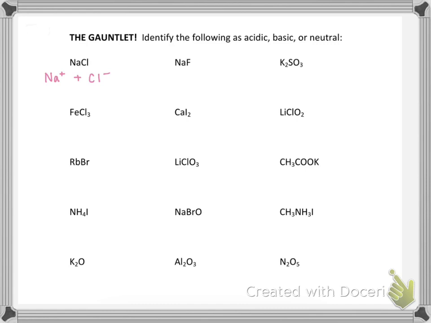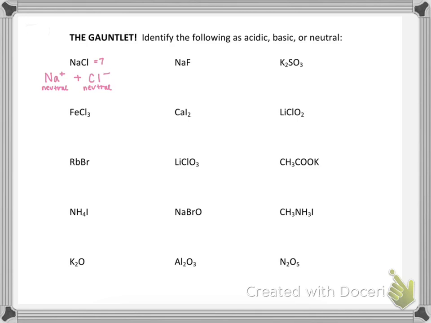So this is going to be neutral. We're a spectator. And chloride is the conjugate, or would come from HCl, which is a strong acid. So this would also be a spectator. So this would be a neutral salt. So next to it, I'm just going to write equals 7, because the pH would stay at 7 when dissolved in water.